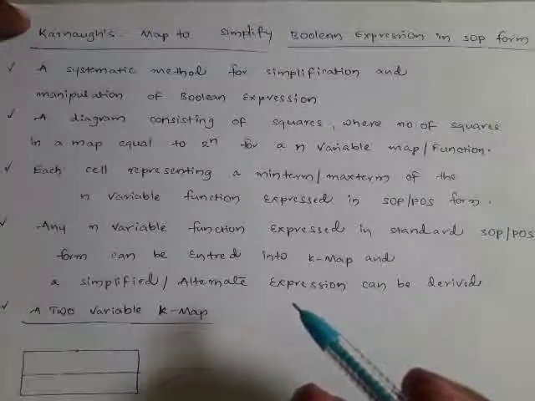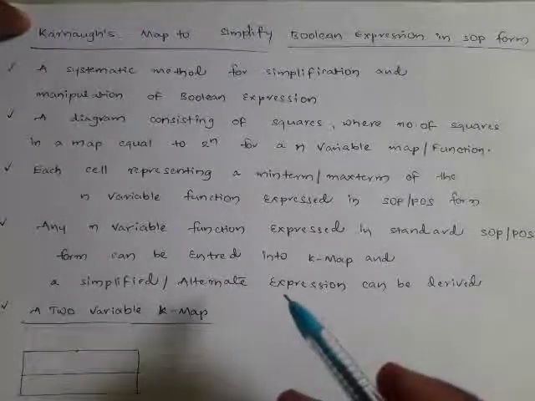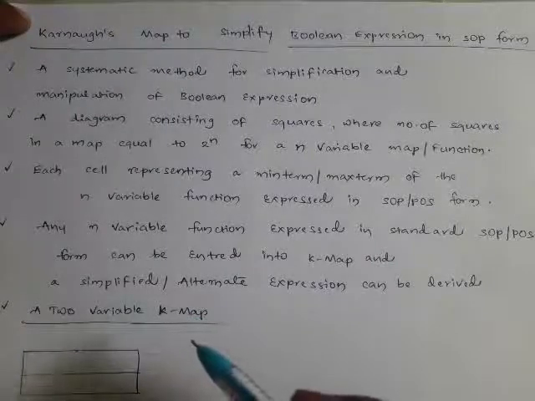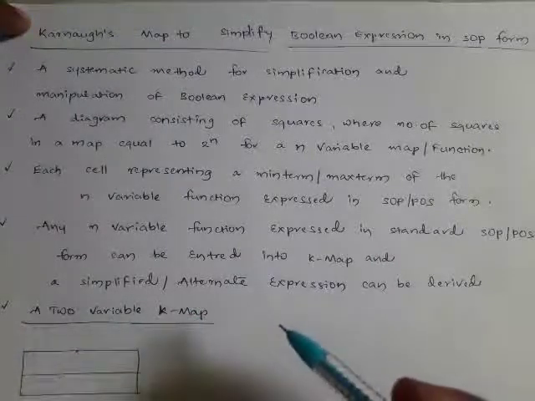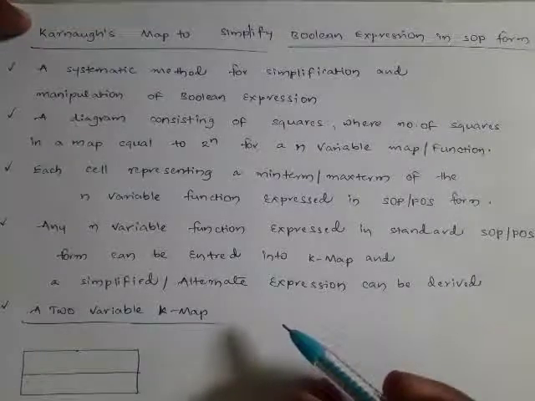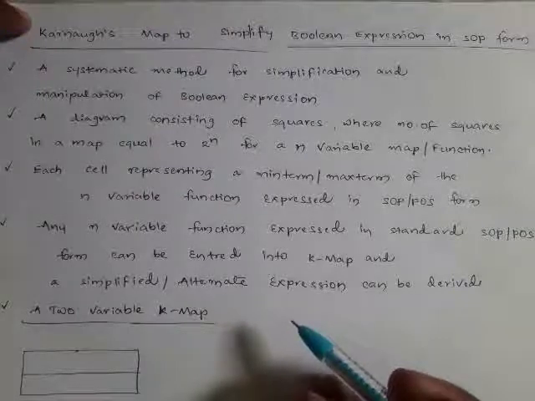Any n variable function expressed in the standard sum of products form can be represented using a K-map, because when a function is expressed as a standard sum of products, it is actually expressed as the sum of minterms.